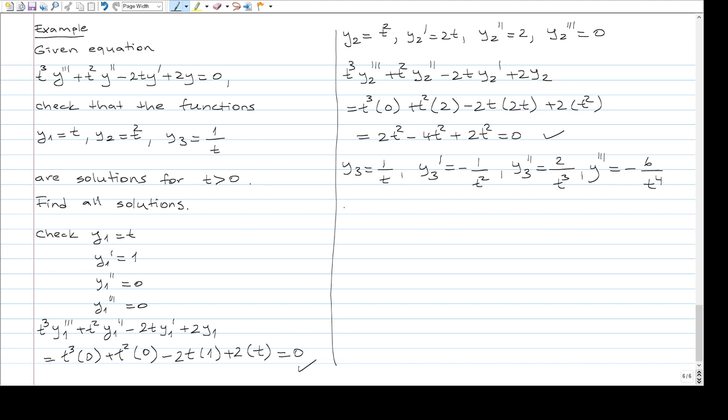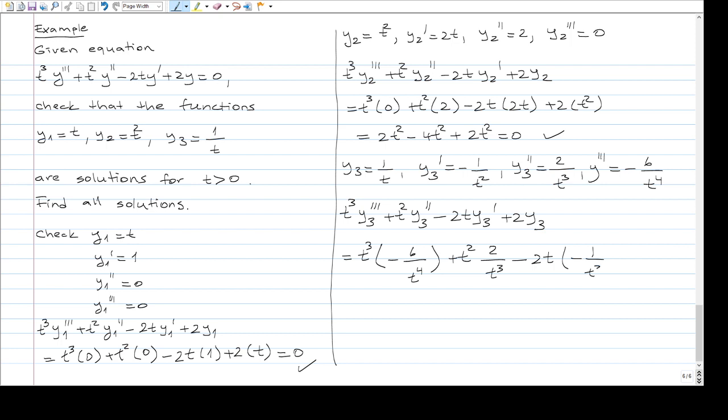So the equation, t cubed y3 triple prime plus t squared y3 double prime minus 2t y3 prime plus 2y3. So y3 triple prime is minus 6 over t to the 4. y3 double prime, 2 over t cubed. y3 prime, minus 1 over t squared.